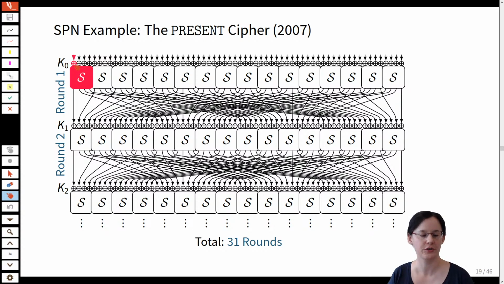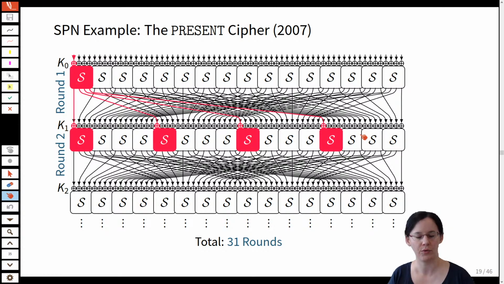Or let's see which other bits this 1 bit influences. So first of all, it goes into the lookup table, and since this is supposed to be strong, it probably influences all 4 output bits of this table. Now these 4 output bits go to 4 different S boxes, and you see already that they are quite evenly spaced.